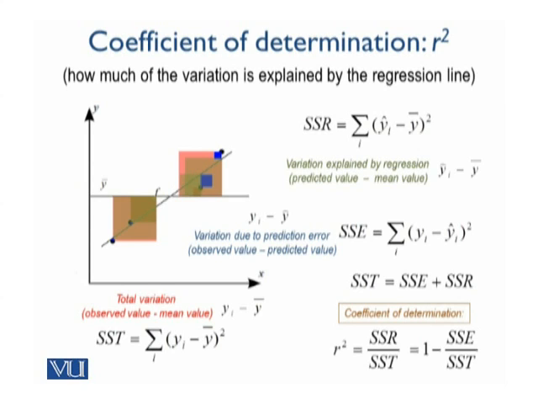And we can now define the coefficient of determination, which is specified by r square. It is equal to the variation explained by regression, and we divide it by the total variation.